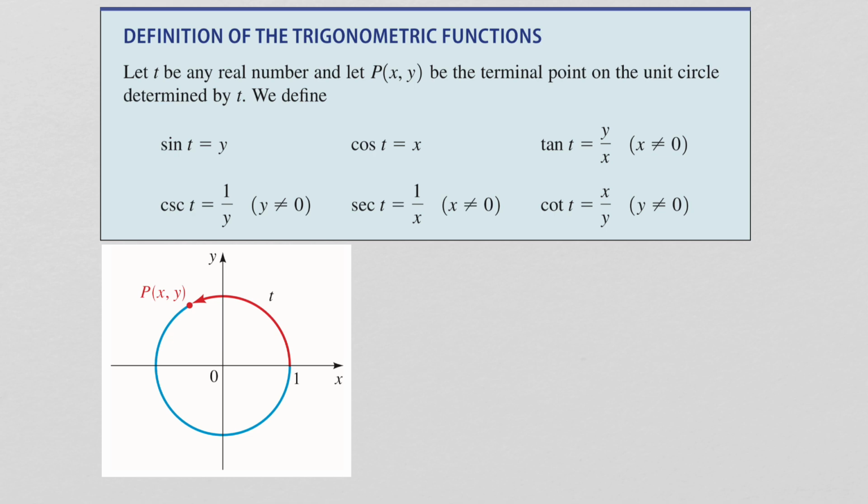If t is any real number, and the point x, y is a terminal point on the unit circle determined by t, that is to say, if we start here at the point (1, 0) on the unit circle, and we trace counterclockwise on that circle to some point P(x, y), and the distance that we travel on the circle here is what we refer to as t, which is a radian measure of an angle, then we have the following definitions for these 6 trigonometric functions. I won't say them here, but you can read them for yourself.